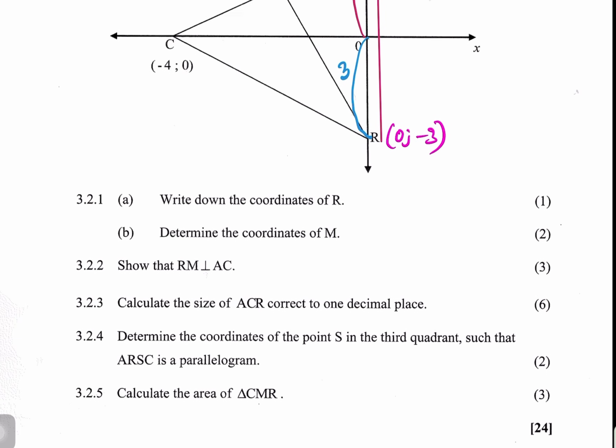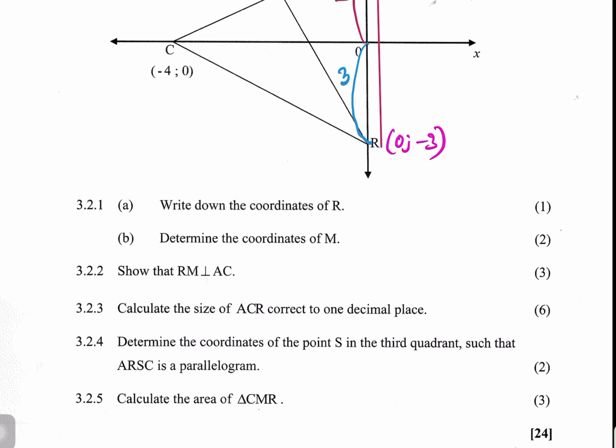They say to us, show that RM is perpendicular to AC. So if they say something is perpendicular, you have to think about gradients. When you multiply the gradient of RM with AC, it must give you negative 1.